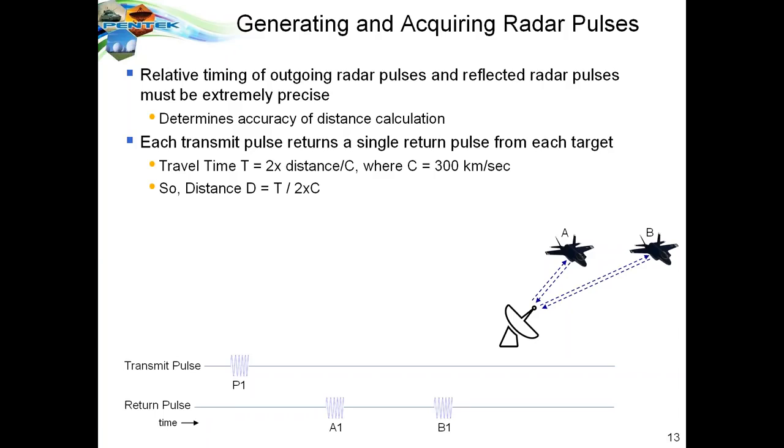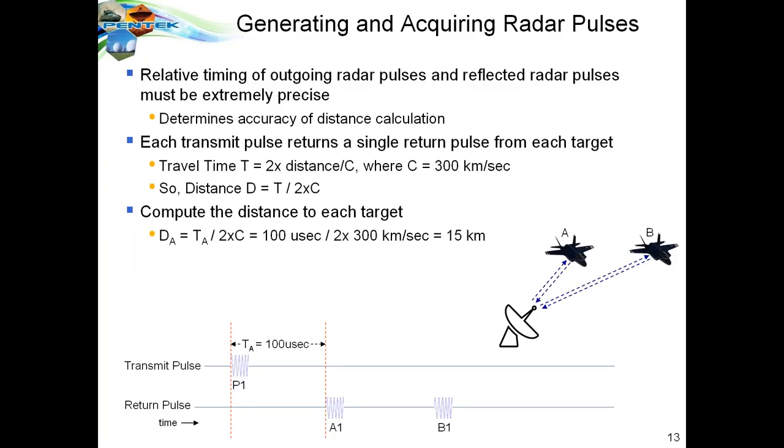From the math, we know that the travel time from the radar to the target and back again is equal to 2 times the distance divided by c, where c is the speed of light. So the distance is equal to t, the travel time, times c divided by 2. To compute the distance to each target in this example, we first measure the time that it takes for the return pulse from target A at time A1 to come back, and that happens to be 100 microseconds.